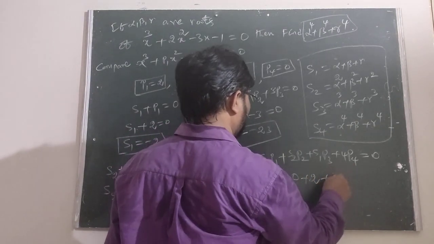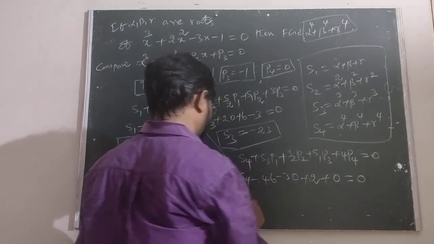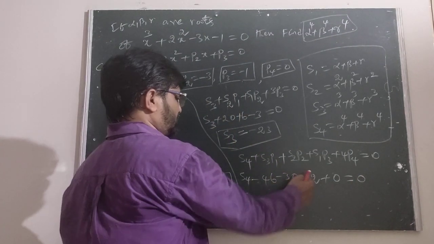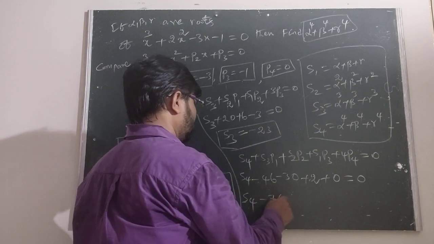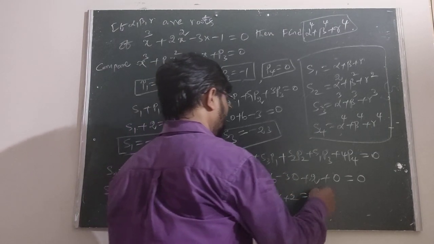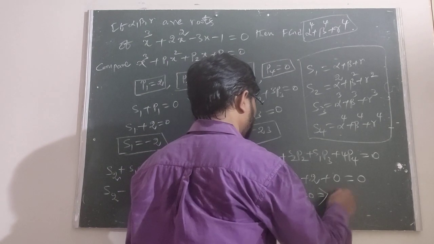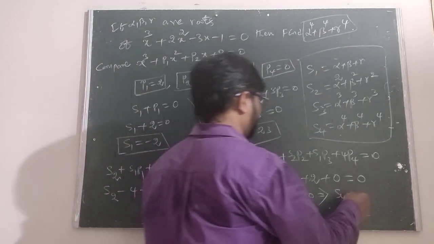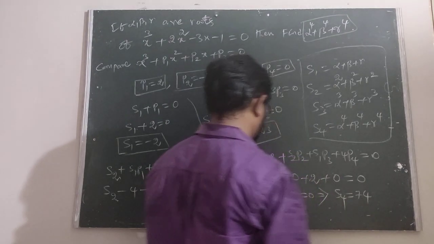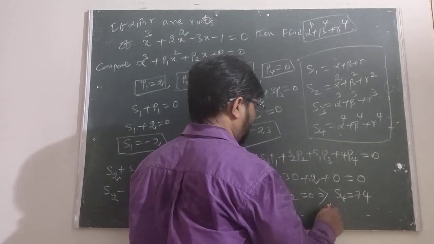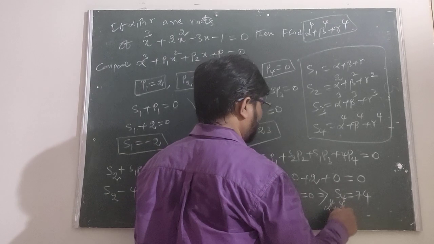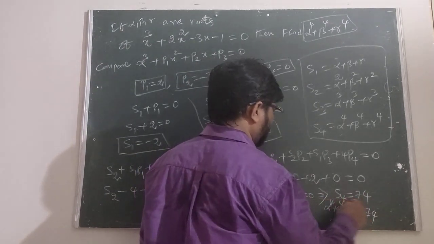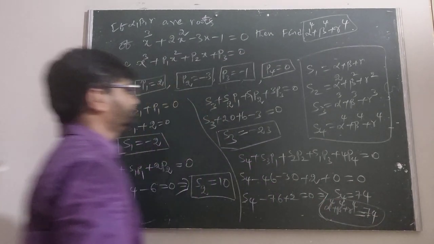It will be 0. Then you can write S4 is minus 76 plus 2. That implies S4 is 74. S4 means alpha power 4, beta power 4, gamma power 4 is 74, is the answer.